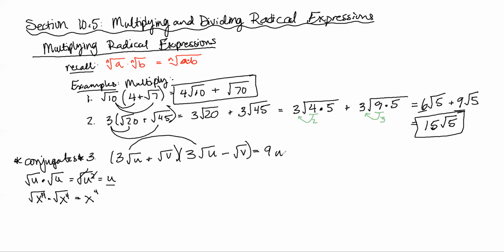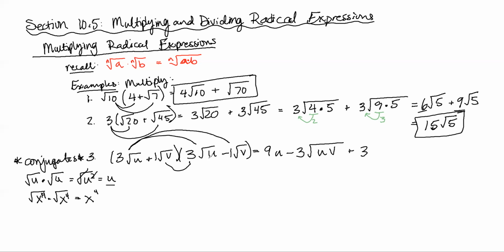Now, if we go ahead and do our outside terms, we have 3 times a negative 1. So I'm going to write that in there. We get negative 3 square root of u times the square root of v. Those are not the same, so we're just going to multiply what's on the inside. We get the square root of uv. And now the inside terms here, again, we have 1 times 3, which is positive 3.